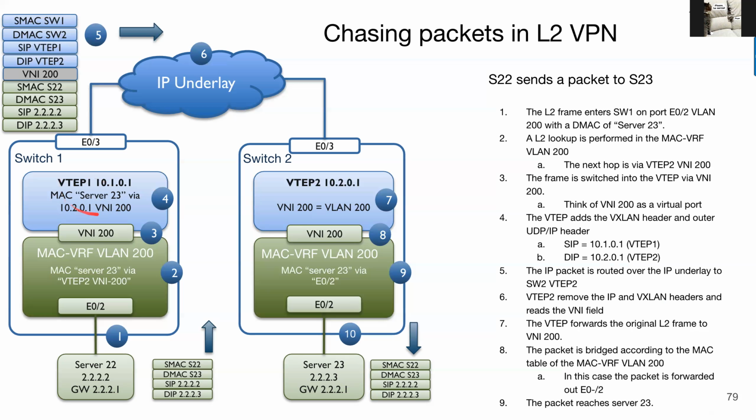We will encapsulate this packet, frame, whatever you want to call it, with our outer header, which includes our outer destination MAC, which is going to be the router MAC for switch 2. The source MAC is the router MAC for switch 1.